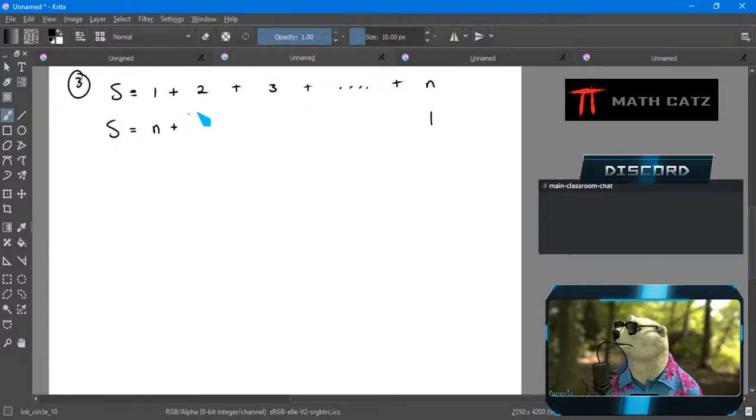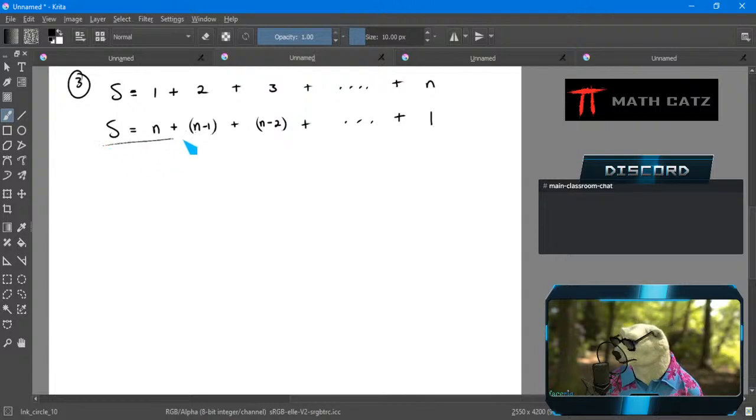The number right before n is going to be 1 less than n, and we'll represent that by (n minus 1). I'll put brackets around it to remember that represents one thing in my sequence. One step further back is n minus 1 minus 1, so n minus 2. And that now goes all the way down until I hit 1. Same sequence, just backwards.